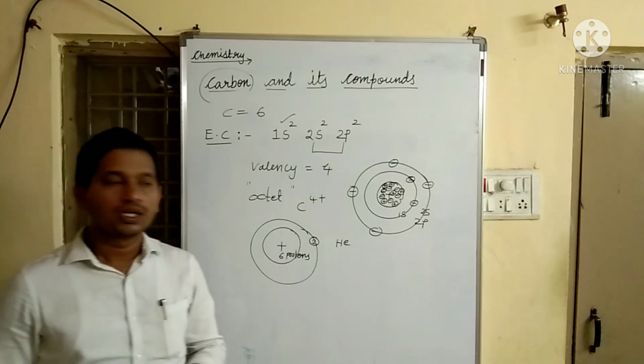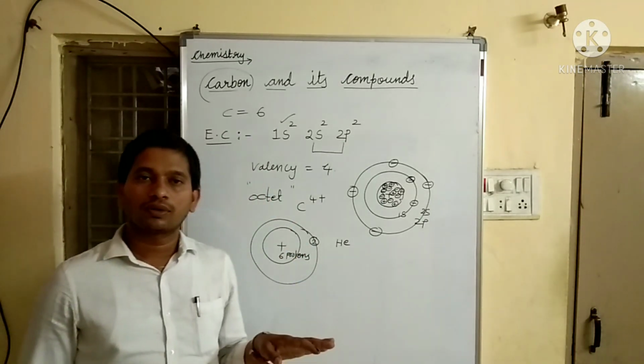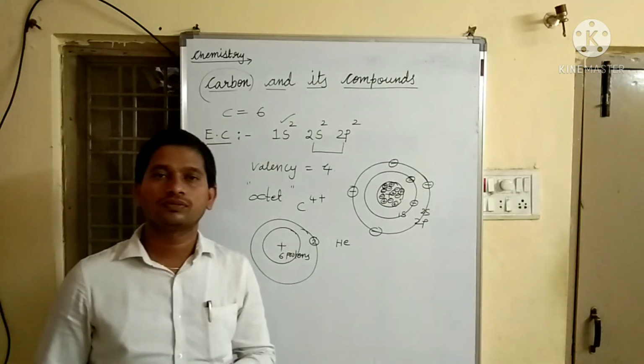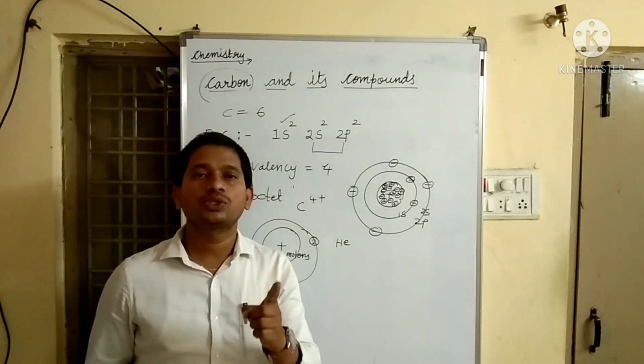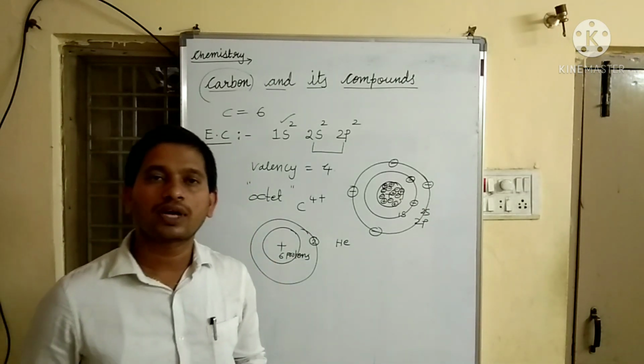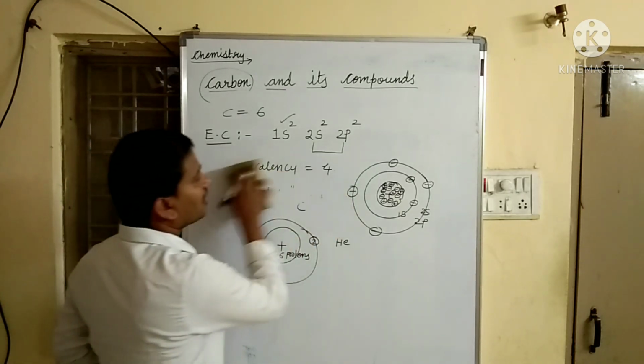By losing its 4 electrons, it cannot get helium configuration because carbon has to satisfy its tetravalency. What is the meaning of tetravalency?